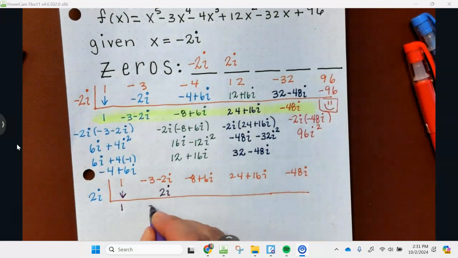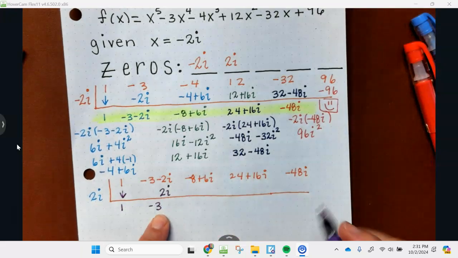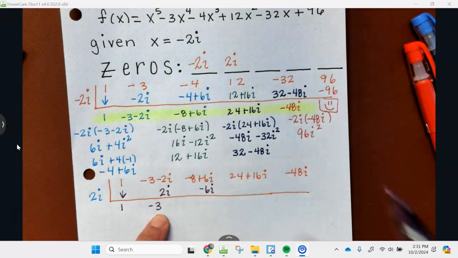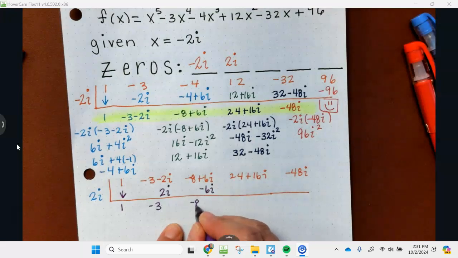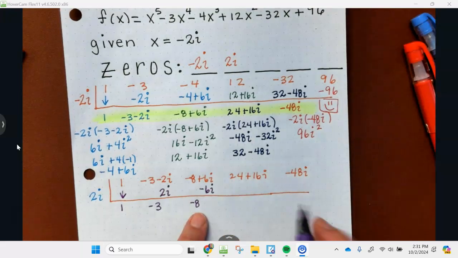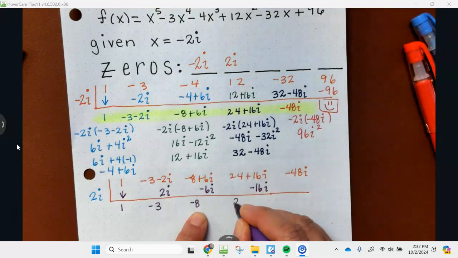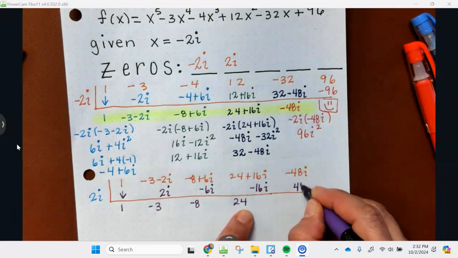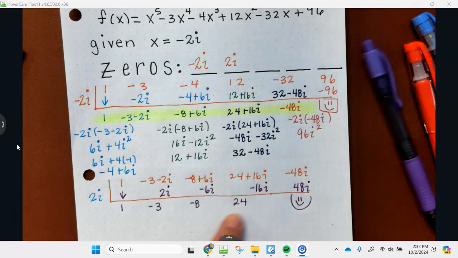Bring down that negative 3. 2i times negative 3, bless you, is negative 6i, and then magic continues to happen. Bring down that negative 8. 2i times negative 8 is negative 16i. Bring down that 24. 2i times 24 is a positive 48i. We did it. We got ourselves out of the weeds.